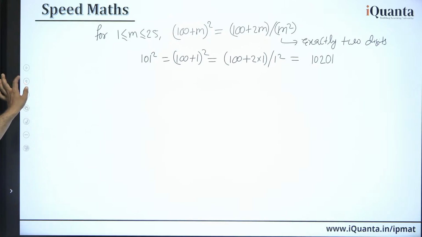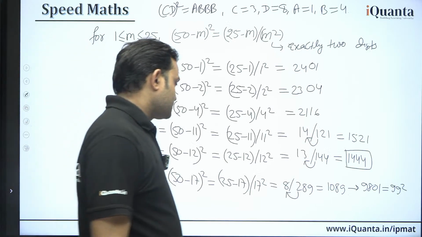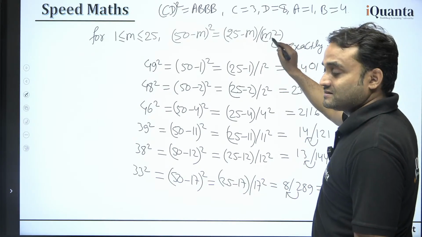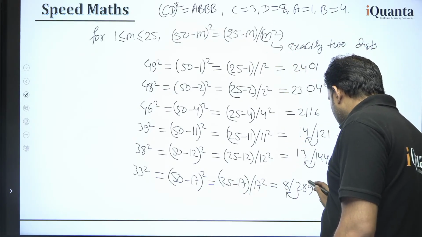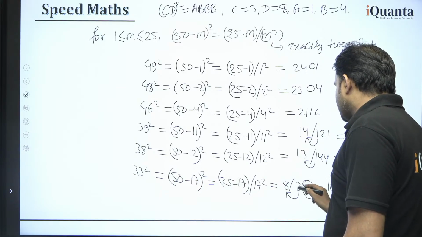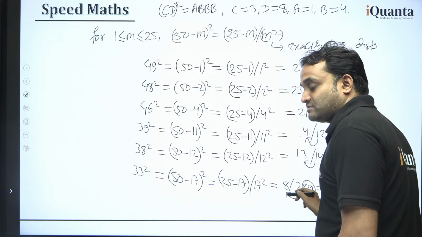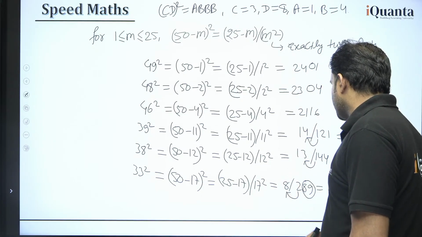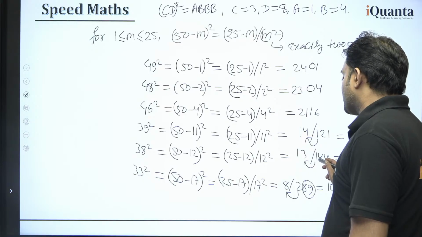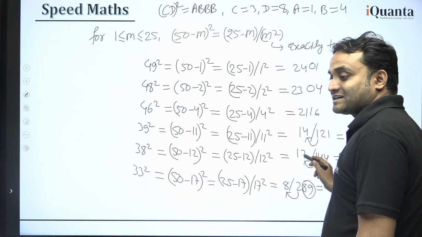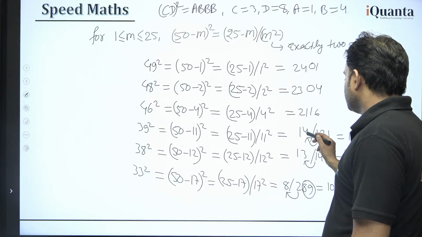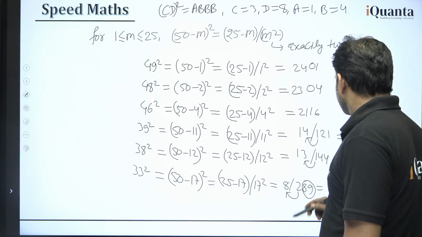See, this part should have exactly 2 digits, right? So we need to take only 2 digits from here, and the third digit will be carried forward, added to the left-hand side result. 8 plus 2 is 10, like this one. This one is extra. I am adding it into 13. 13 plus 1 is 14. This one is extra. 14 plus 1 is 15.